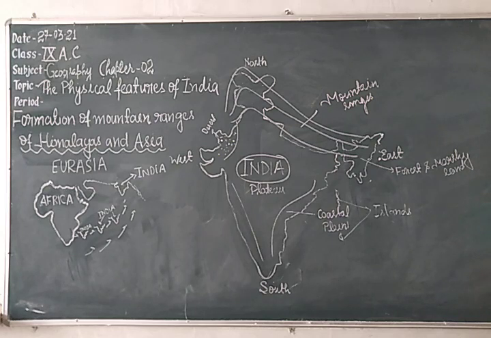But due to continuous volcanic eruption and earthquake activity, these plates were divided into a number of plates, and the convection currents present beneath the surface are responsible for the movement of these broken or separated plates from one area to another area.